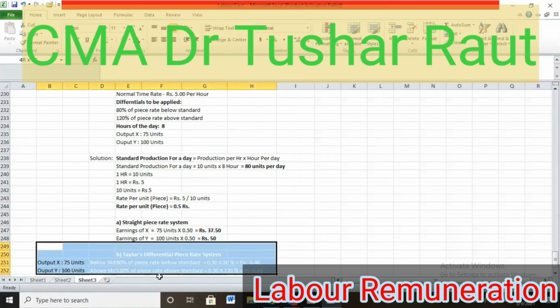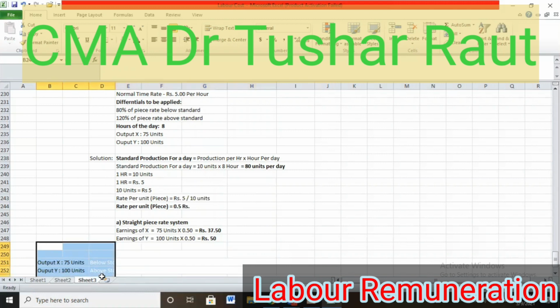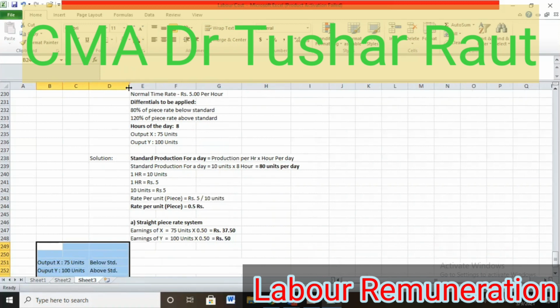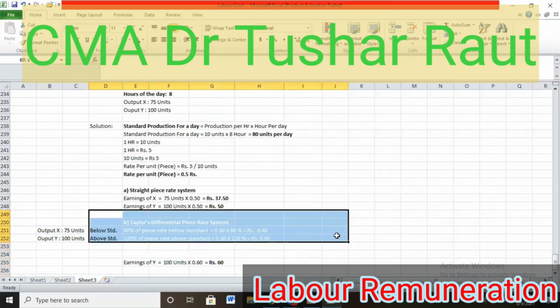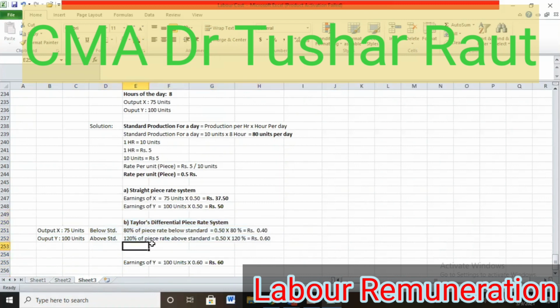Now, as per differential applied, this is Taylor's, because he is asking you to understand the concept of below standard and above standard. Those who worked below standard should get punishment, and those who worked above standard will get reward. So as per Taylor's differential plan, 80% of piece rate will be given to X because he worked below standard. As he worked below standard, he will not get the normal rate.